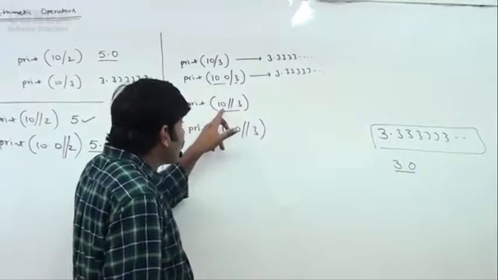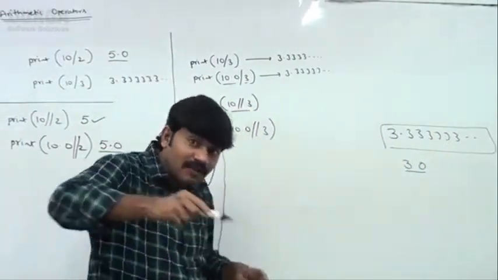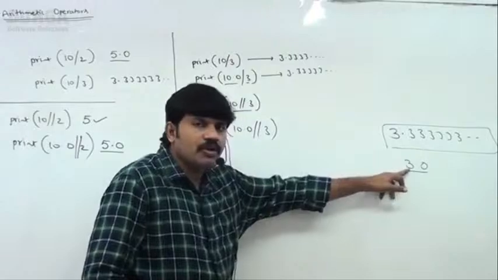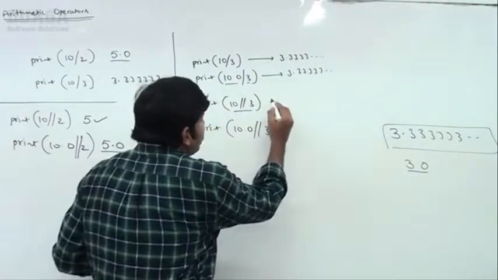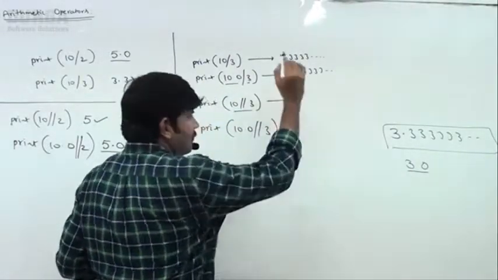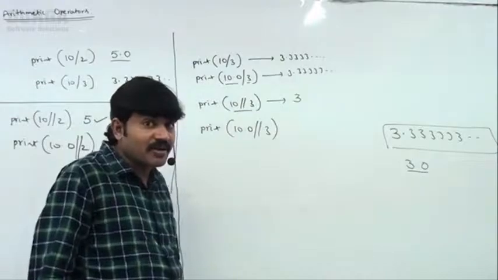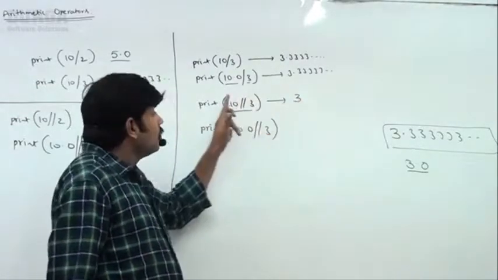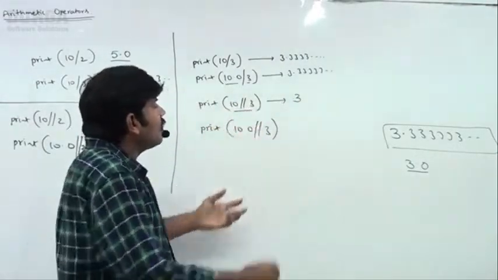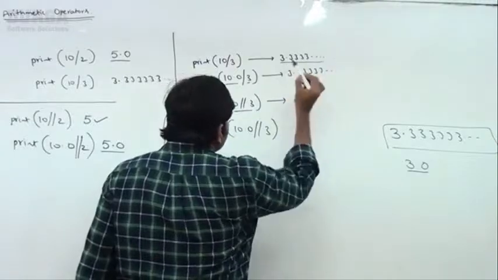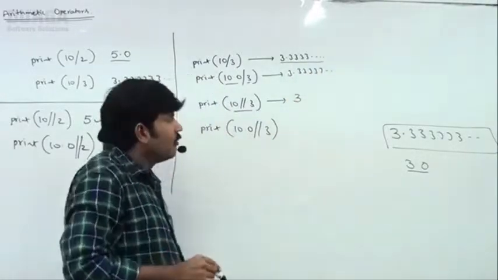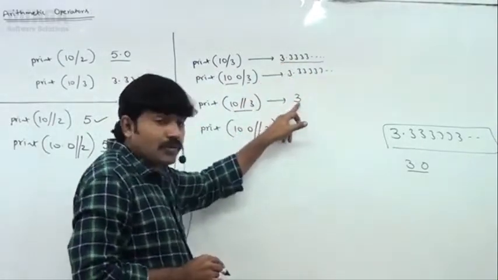But both arguments are int type, so the result is always int. 3.0 converted to int means 3 is the answer. Because I want the floor value of this as an int value.